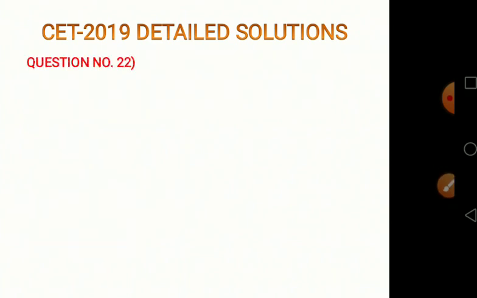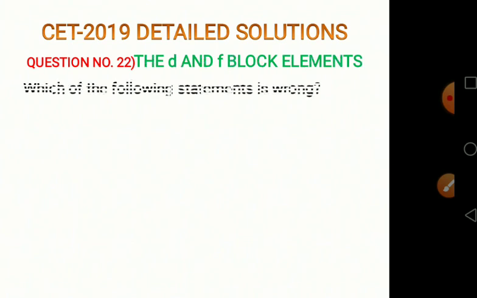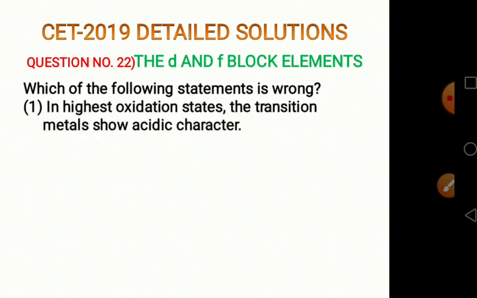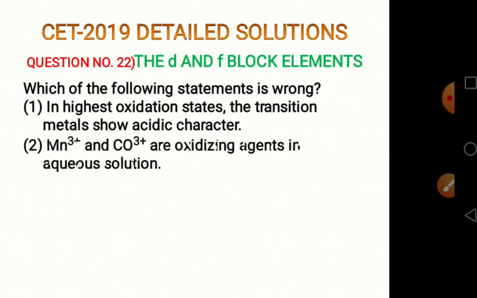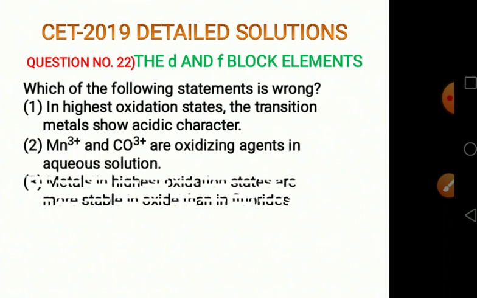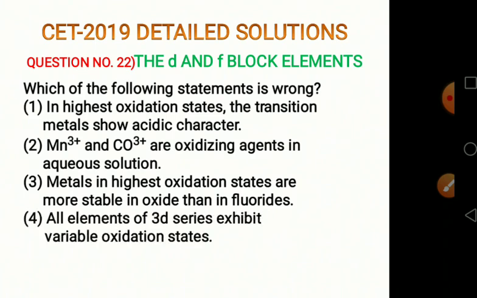Now question number 22. This is also from D and F block. Remember, in 2019, 4 questions were asked from D and F block. Which statement is wrong? Higher oxidation state transition metals show acidic character. Mn3+ and Co3+ are oxidizing agents. Metals in highest oxidation states are more stable in oxides than fluorides. All elements of the 3d series exhibit variable oxidation state.